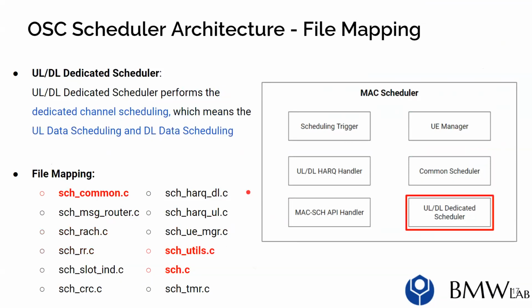Okay. And here is another component called the dedicated scheduler. The dedicated scheduler can perform the dedicated channel scheduling I mentioned before, which means it can do uplink data scheduling and downlink data scheduling. And I also have a file mapping for this. Yeah. So this is the OSC scheduler architecture.